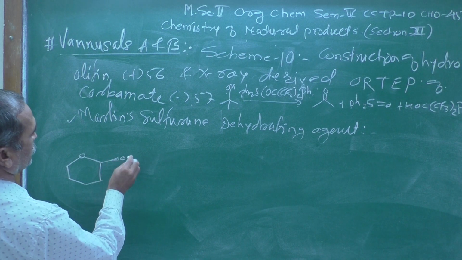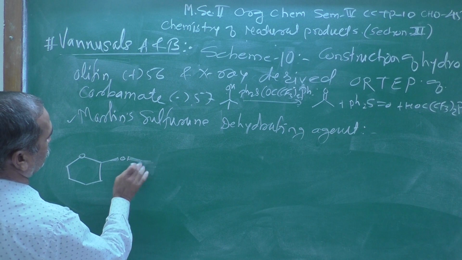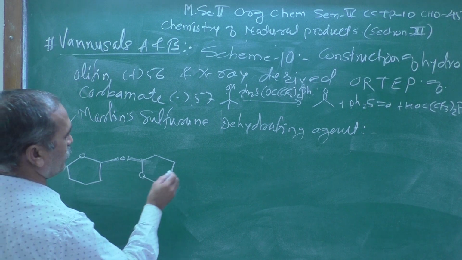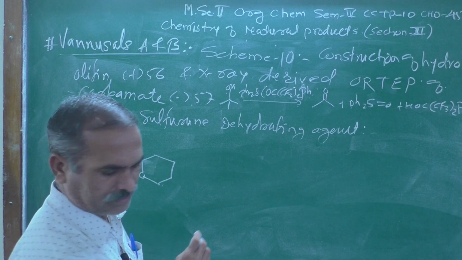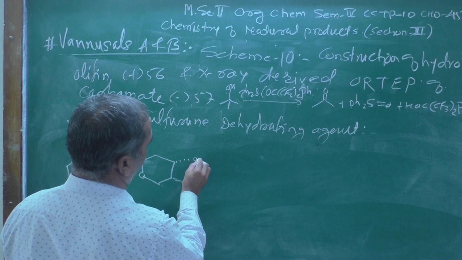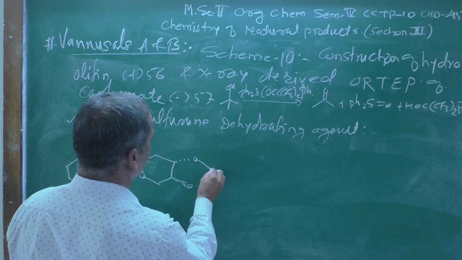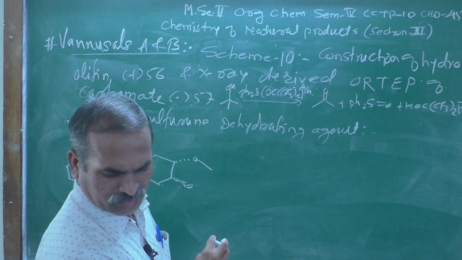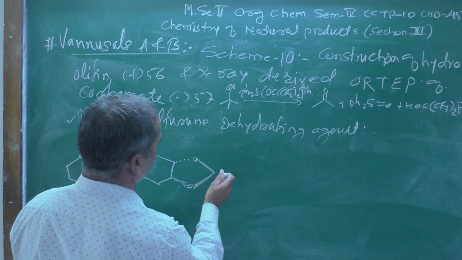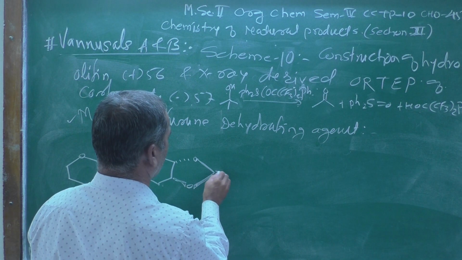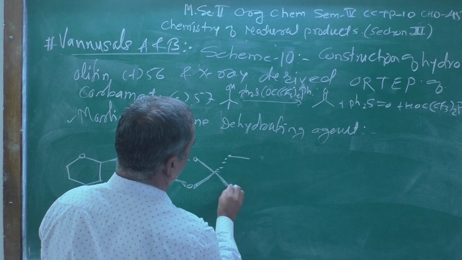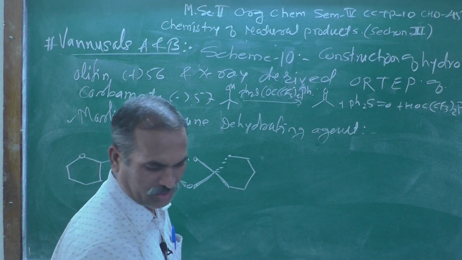Here oxygen, here also oxygen, then there is this type of group, and after that oxygen, oxygen, there will be this group attached, then this one, another 6-membered ring further attached to this one.